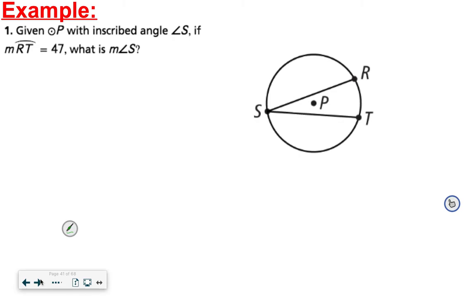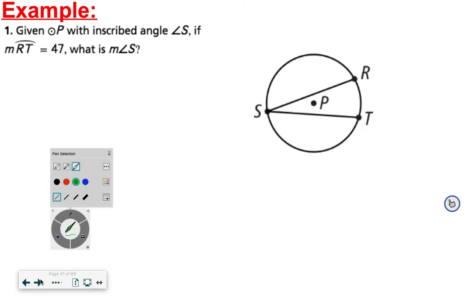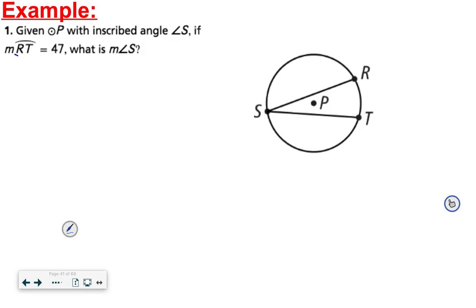Given the circle with the center P with inscribed angle S, if the arc RT is 47, what is the measure of angle S? As you know, ladies and gentlemen, angle S is an inscribed angle.